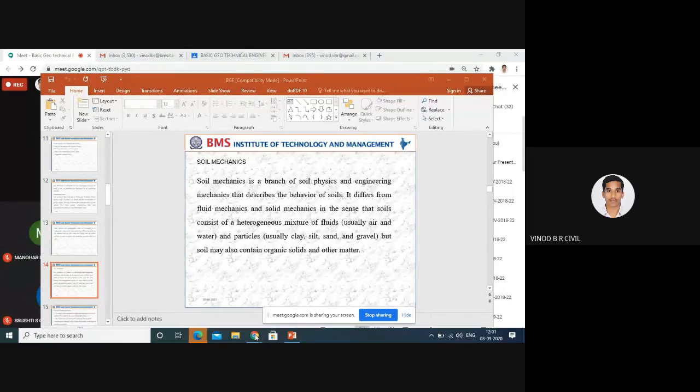It differs from fluid mechanics and solid mechanics in the sense that soil consists of a heterogeneous mixture of fluids, usually air and water, and particles, usually clay, silt, sand, and gravel. But soil may also contain organic solids and other matter. If you add water or any fluid, it is a heterogeneous mixture.